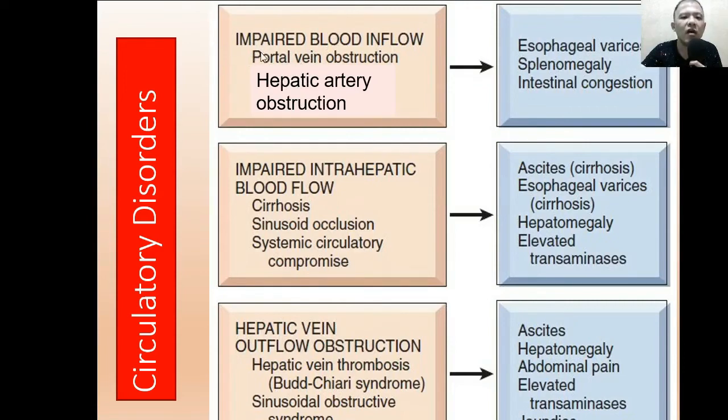You have the portal vein and the hepatic artery. Obstruction does not only pertain to a thrombus obstruction, but you can also have obstruction secondary to parasitic obstruction, or obstruction secondary to the cirrhosis itself.